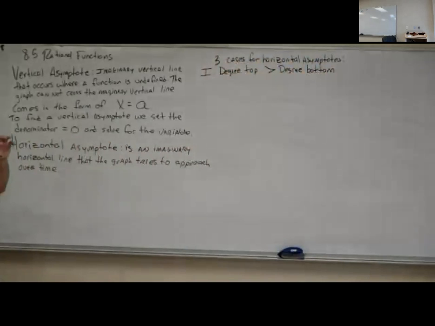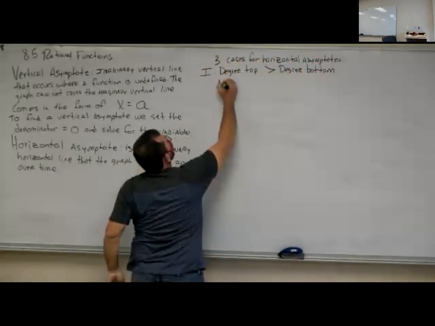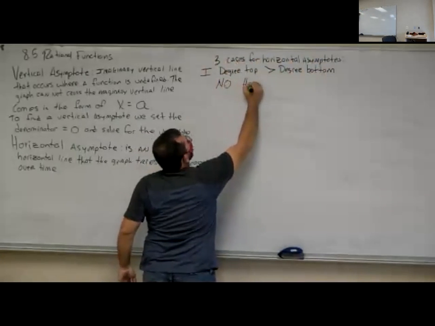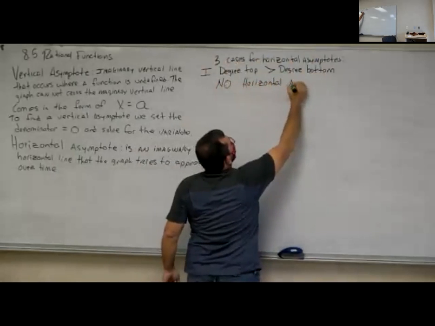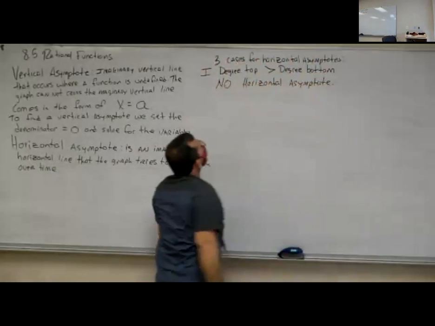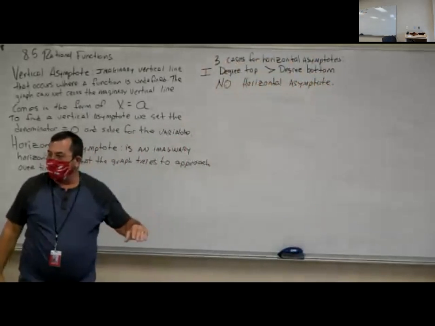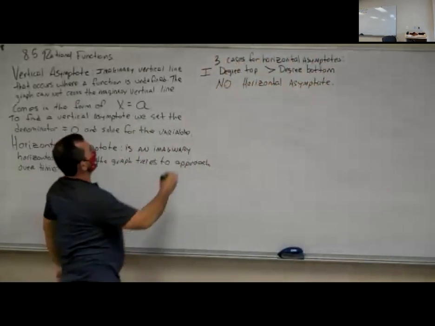If the top degree is higher than the degree of the bottom, and I'm looking at the highest exponents, remember the degree is the highest exponent. If the top is higher than the bottom, then there is no horizontal asymptote. What happens is the top's bigger, it's just going to keep heading up towards positive infinity and keeps going up. It don't try to get to no lines, okay?